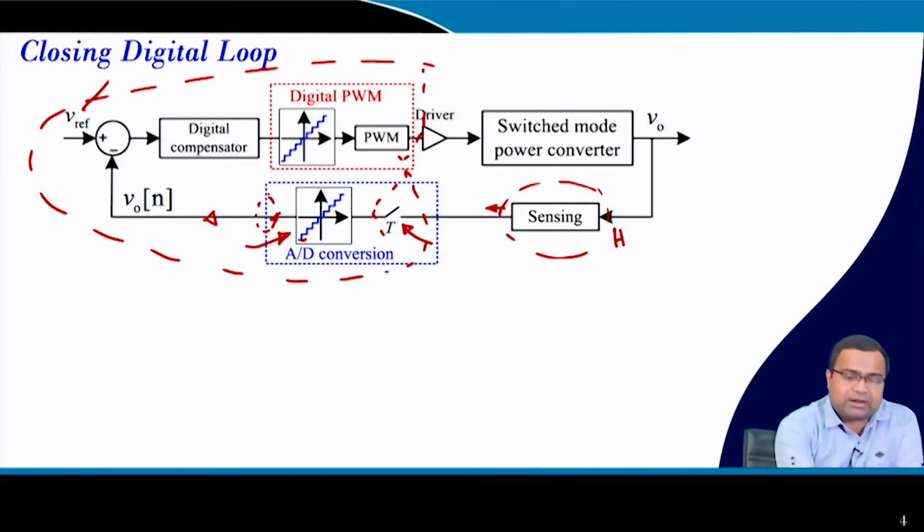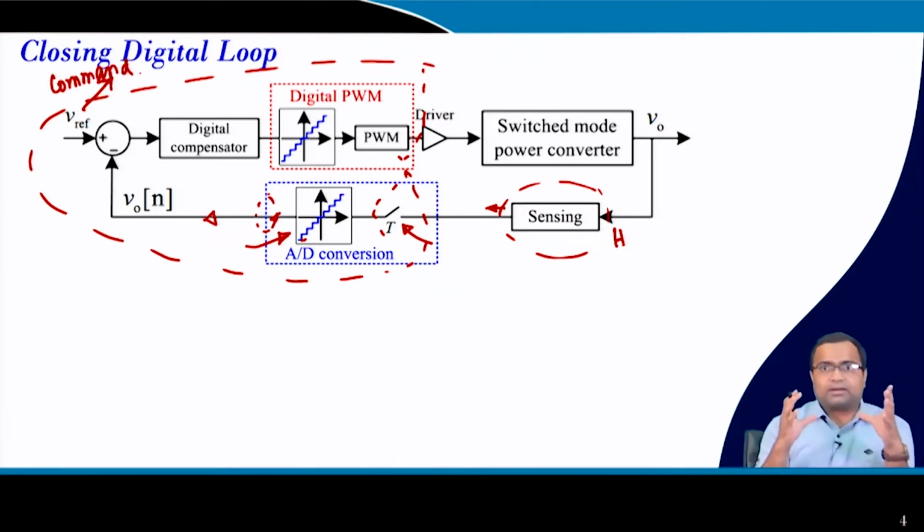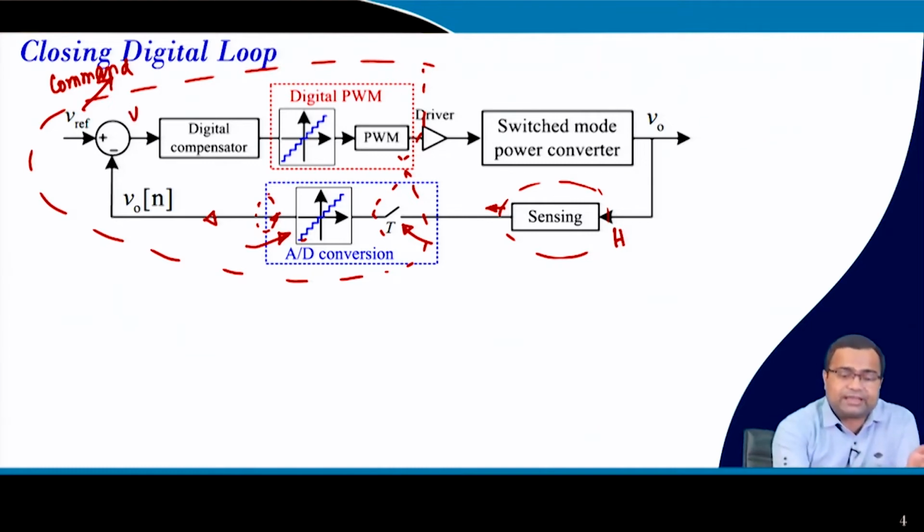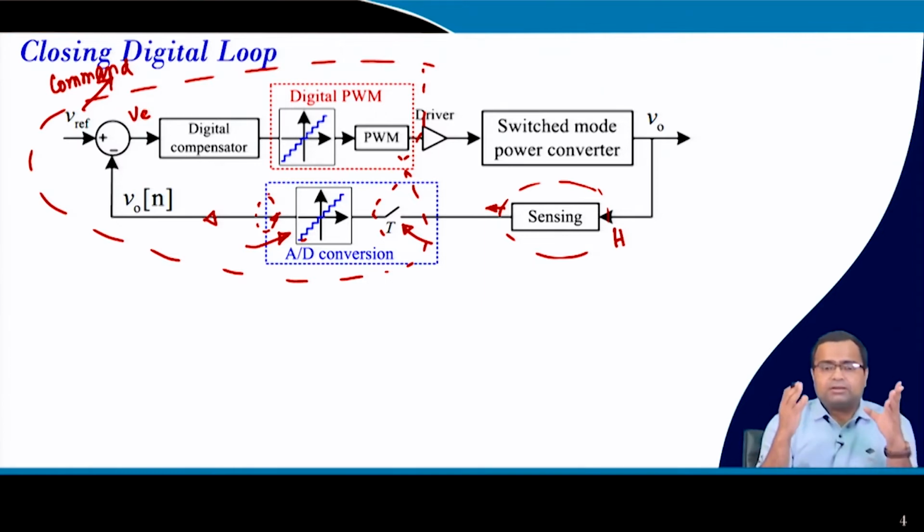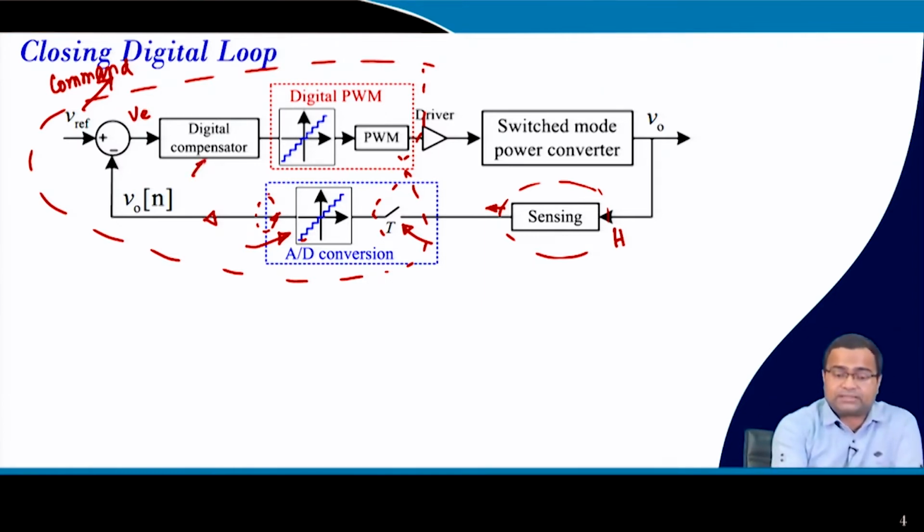So, this is a number, this is a command, I will say it is a reference command which is a number, and your output voltage will be compared, and the error voltage, which is again the quantized discrete voltage or number, we pass through a compensator, and generally it is a digital controller which can be PI, PID controller.